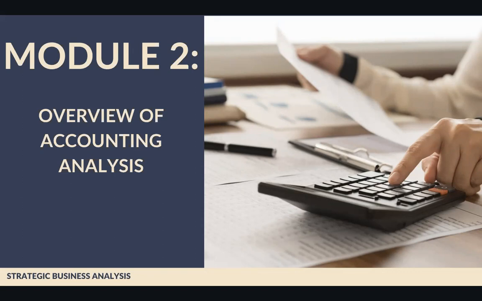For today, we're going to skip right on ahead to step one of business analysis, which is accounting analysis. For this module, we're just going to talk about the overview of the accounting analysis process and how it works. All right, so let's begin.